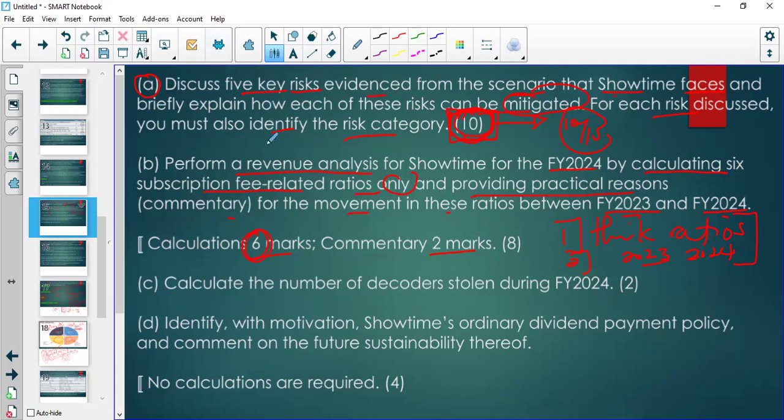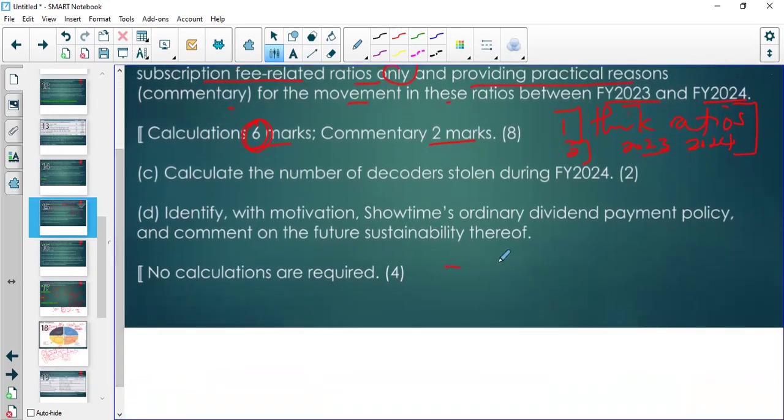So when we analyze something, any analysis, let's talk of a ratio analysis in general. In ratio analysis, we can talk in terms of the growth, right? The growth of a ratio from 1 year to the other. So we can talk of the growth or change in the rate or whatever.